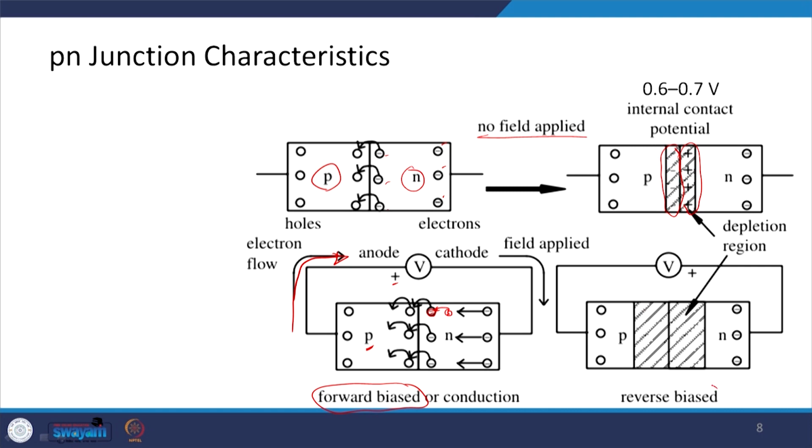And this is what is called the reverse bias.